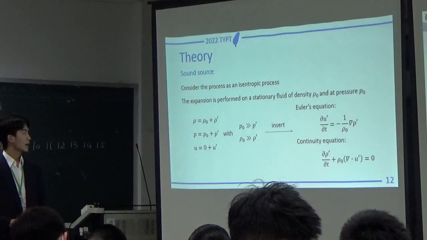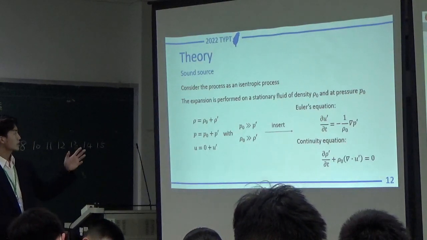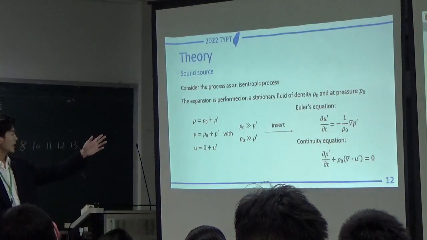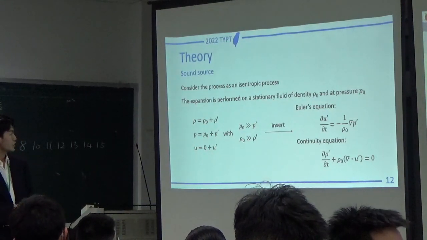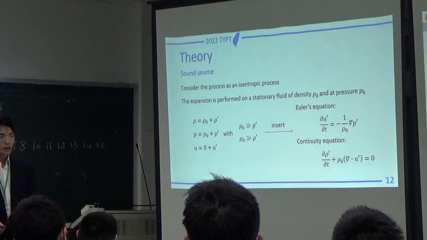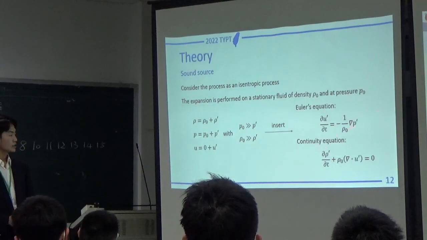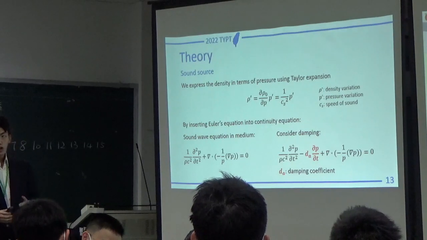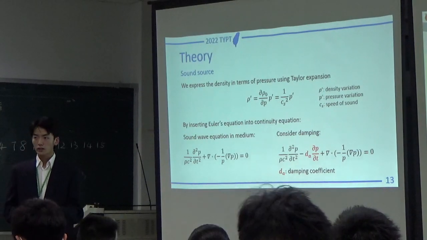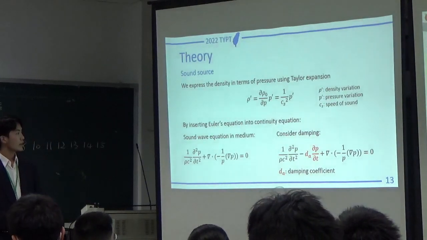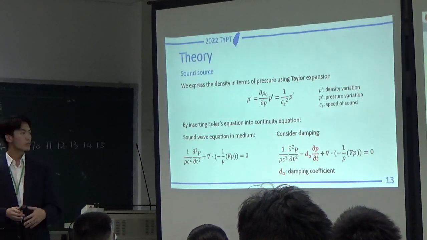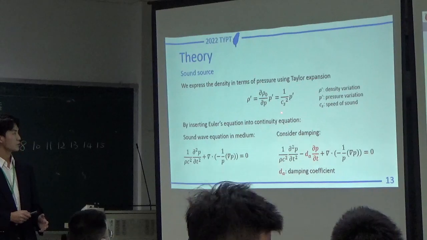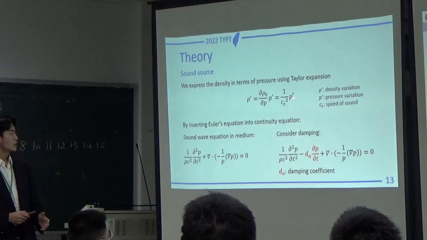If we consider it as an isentropic process, the density, the pressure, and the velocity field can be written like this, and we insert them into our 2 equations. Then we want to find how the pressure will affect the system, so we use Taylor's expansion to linearize the density in terms of the pressure, and we get this term.